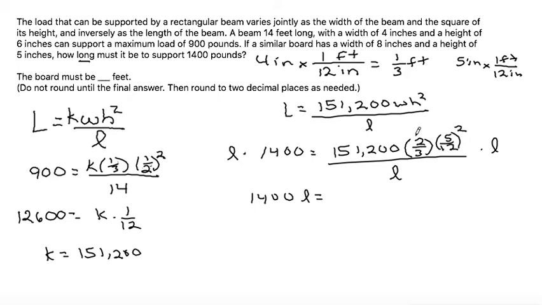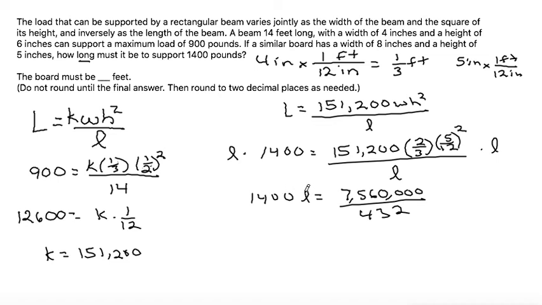So let me just get it into a fractional form: 151,200 times 50 gives us a really big number, 7,560,000 for the numerator over 3 times 144, which is 432.